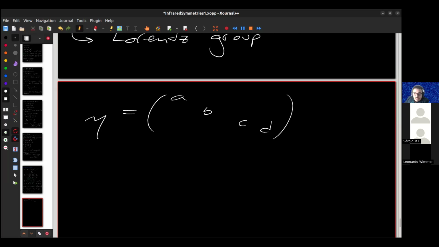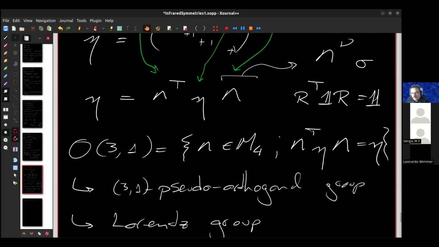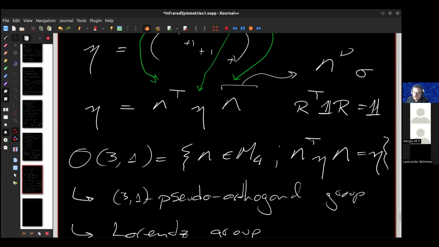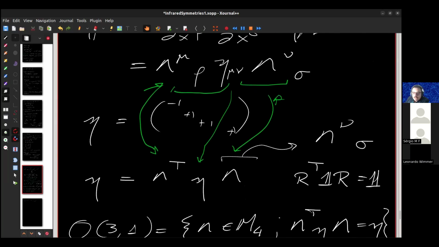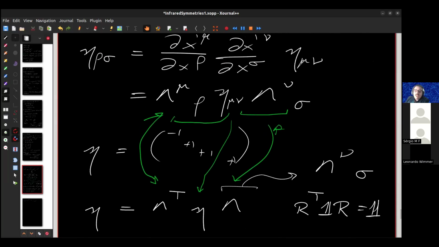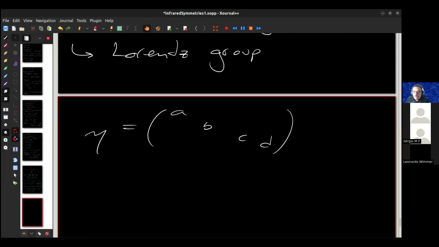And the key point here, what actually makes a whole lot of difference, is that eta is not really a matrix. So the way I actually want to define these groups is not with matrices. And here I'm writing them with matrices, but this is the simplified form. The way these groups are actually defined uses the object eta, which is a tensor.